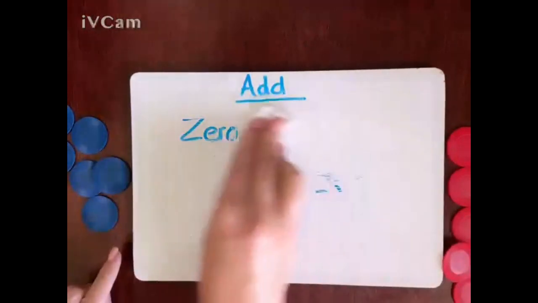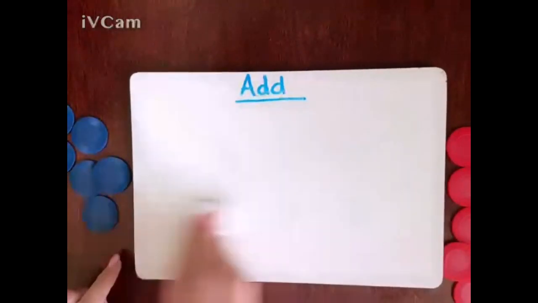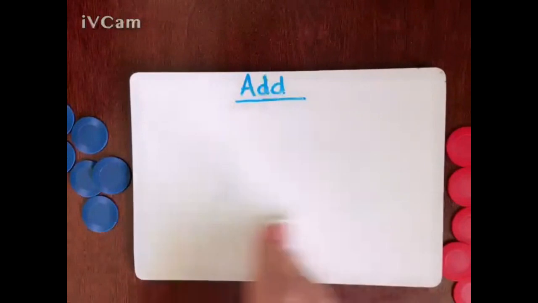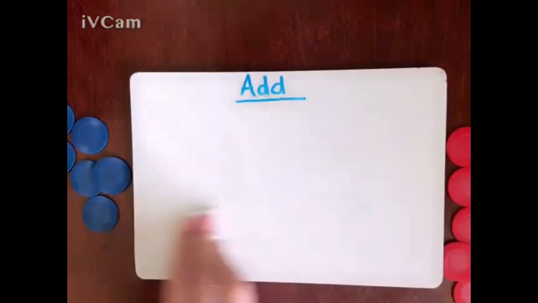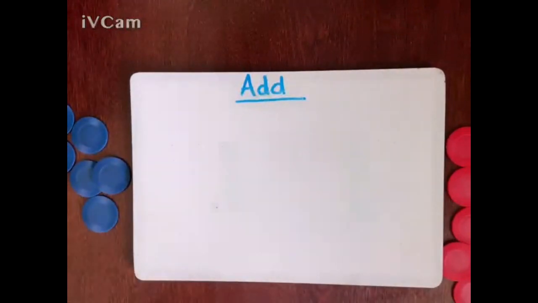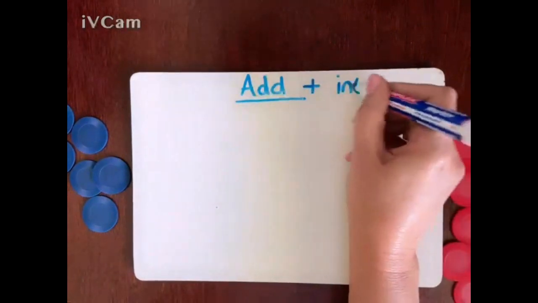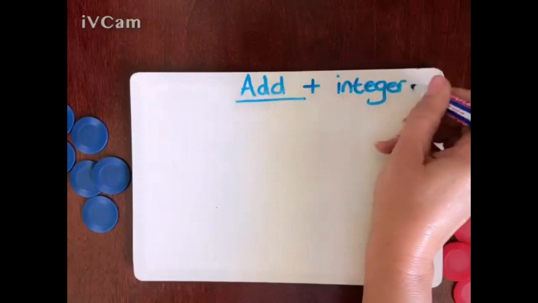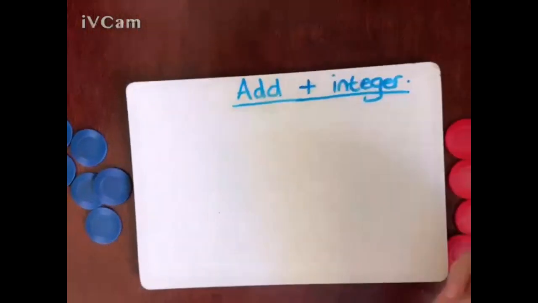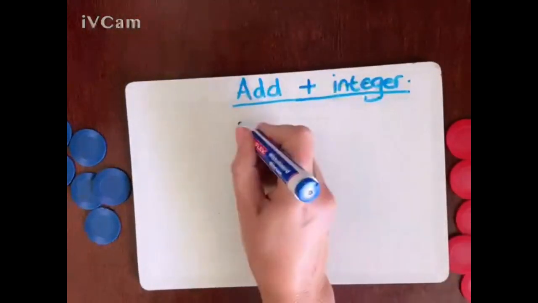Right. Now we're going to use these zero pairs to do some calculations. We are going to use zero pairs to add, firstly, a positive integer. So let's first take it step by step. We're going to add positive integers.